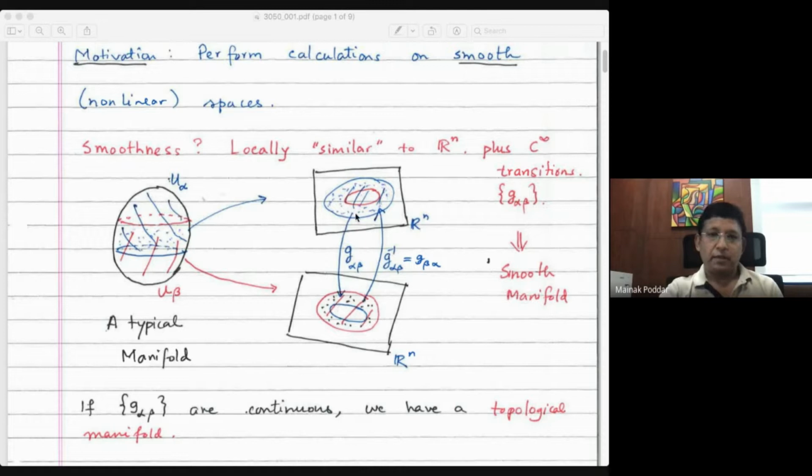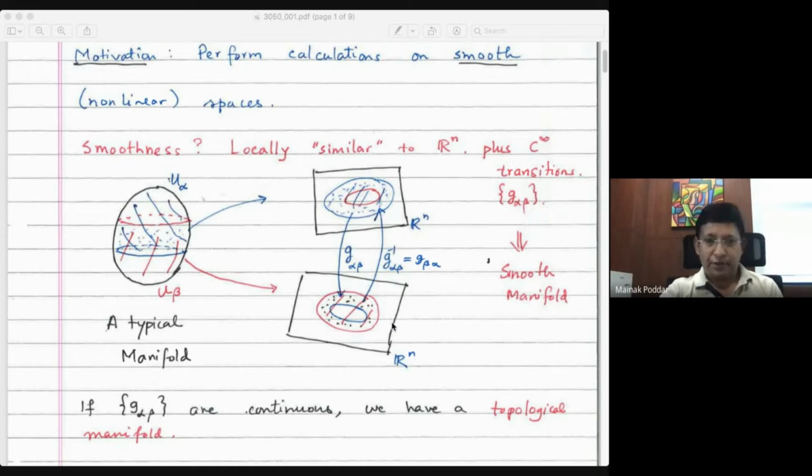So from Rn to Rn, on this common part, I have some map given by these two homeomorphisms. And these maps are called transition maps.